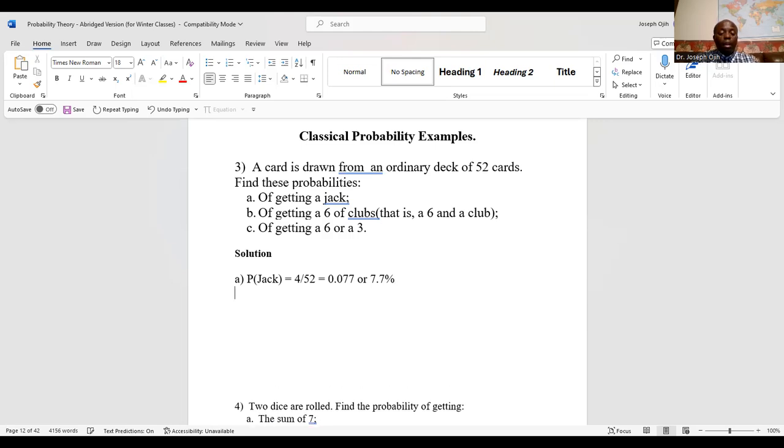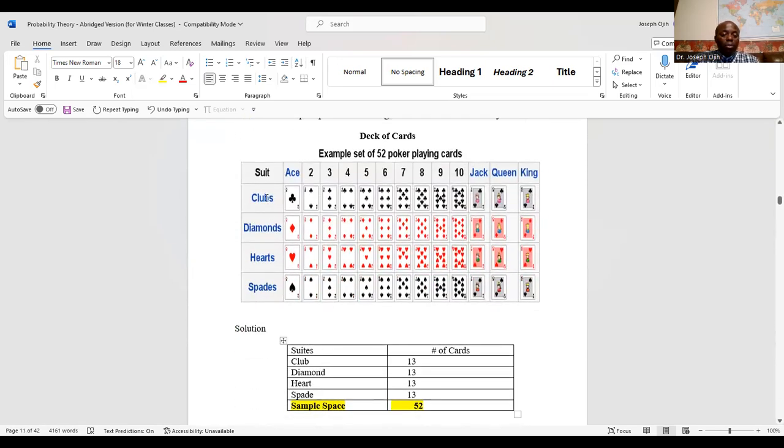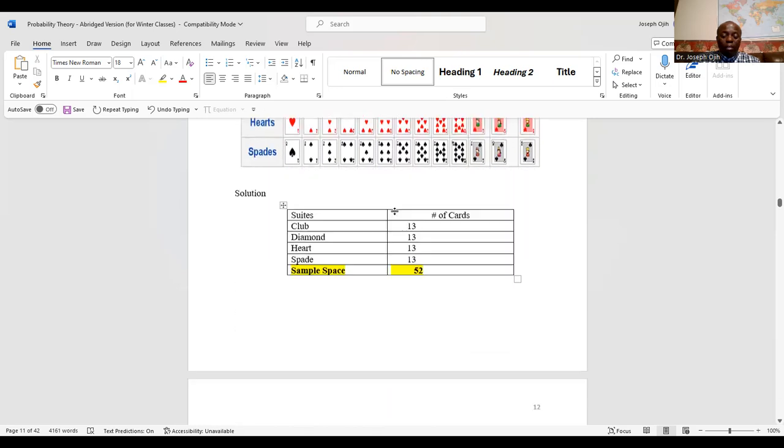Okay. Part B says, of getting a 6 of clubs. Probability of 6 of clubs, that means getting a 6 and a club at the same time. Now you go to the chart. How many 6 of clubs do we have? See, these are the clubs. Only this card is a club with the number 6 on it. There's 1 six of clubs out of 52 cards.